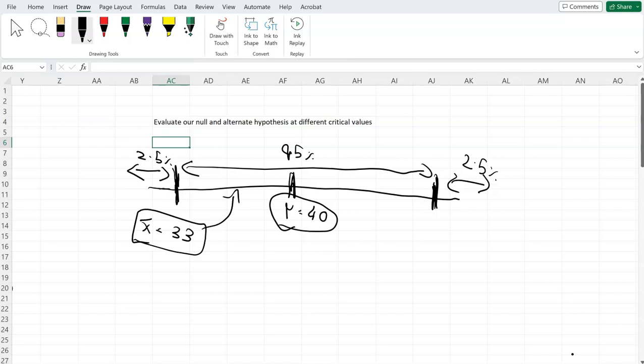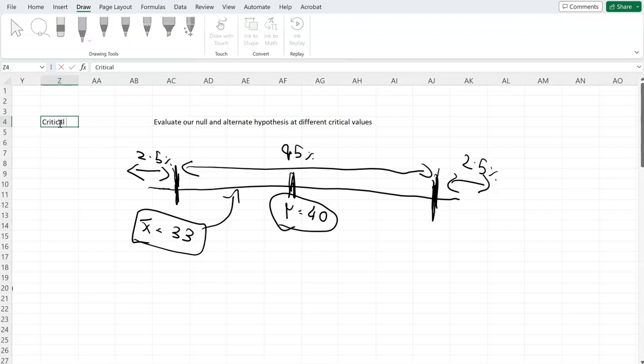Now in that previous video, we talked about the 5% critical value for alpha. However, there are different levels of alpha that we can choose from, and that depends upon which one the researcher wants to choose. Also, in your stats questions you may have different levels of critical values that you use to evaluate the null and alternate hypothesis.